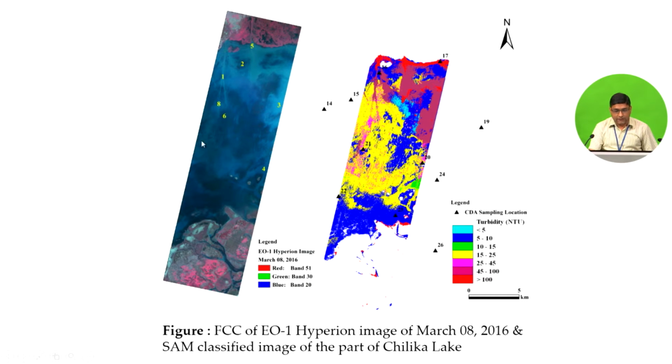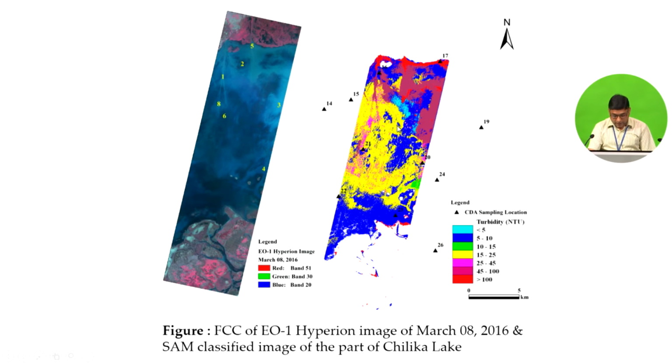So if you compare this output, the SAM classified output with respect to turbidity with the FCC, you can see that wherever the turbidity is high, it is coming in the range of more than 100 NTU. Similarly, where the turbidity is less, suppose in this point, it is coming in the range of less than 5 NTU.